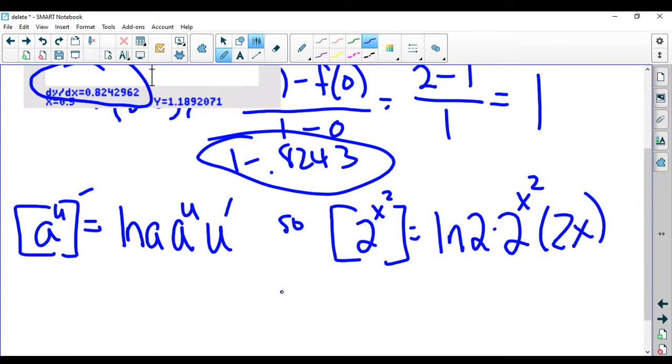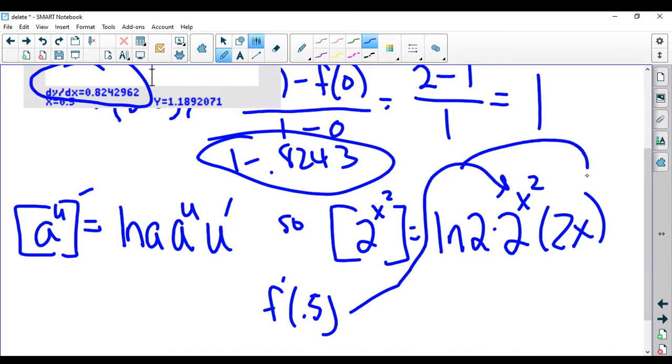So f prime of 0.5 would be plugging in 0.5 for this x and this x. So I'm going to do that just to make sure we have it right.